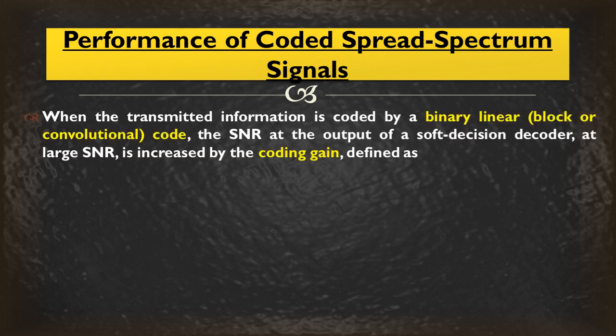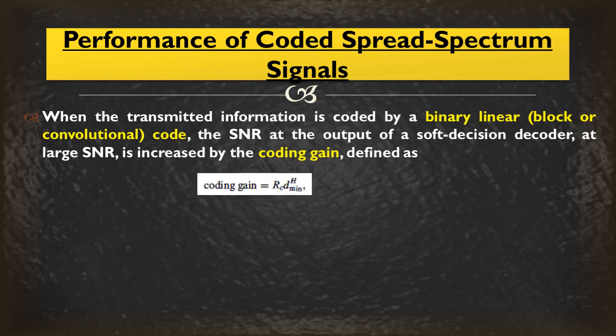This coding technique is used to avoid the bit errors because of the interference or noise, basically. So because of this channel coding technique, we can include one more term in the equation of jamming margin, that is Pi by Ps ratio. That term is called coding gain.